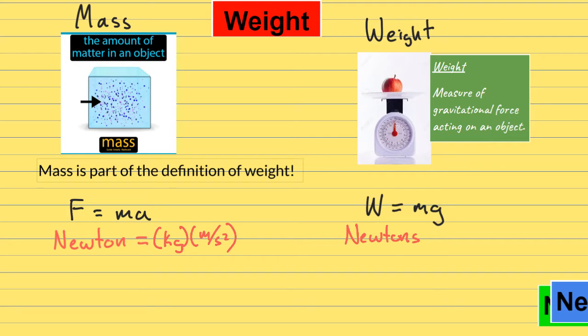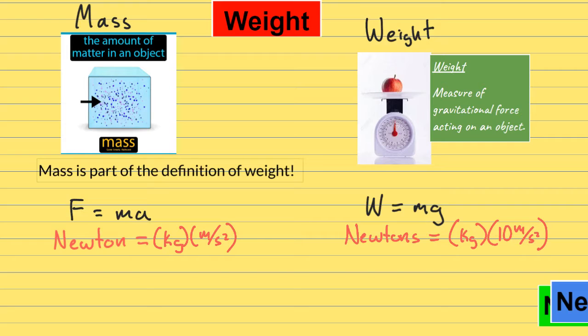Mass is part of the definition of weight, so that's going to be equal to kilograms times the acceleration of gravity specifically. So we could put that in. Actually, let's just put that in as 10 to keep it simple: 10 meters per second squared, in the case of an object here on Earth.